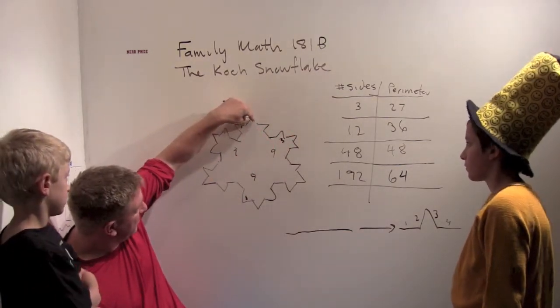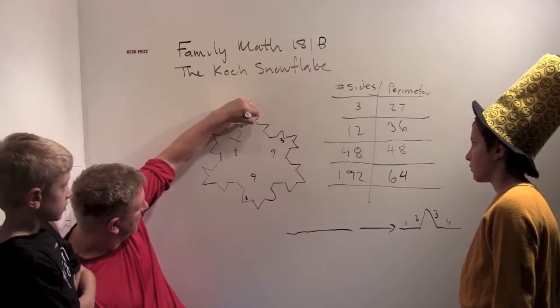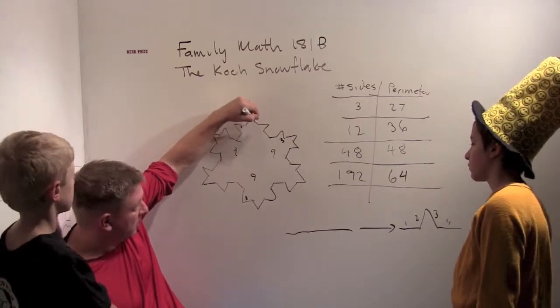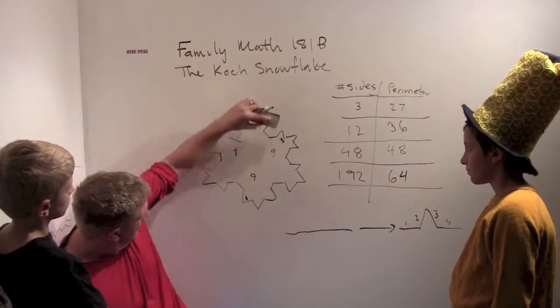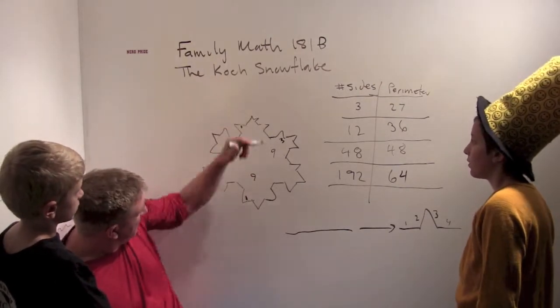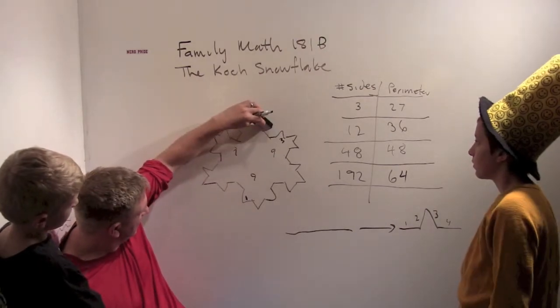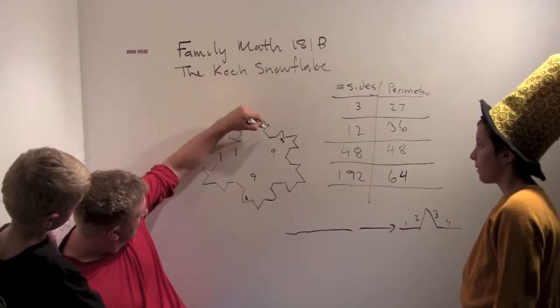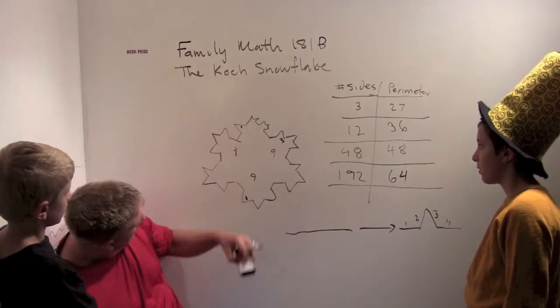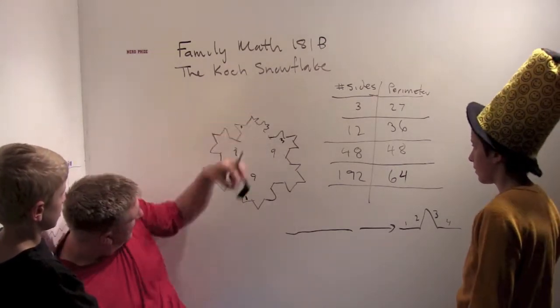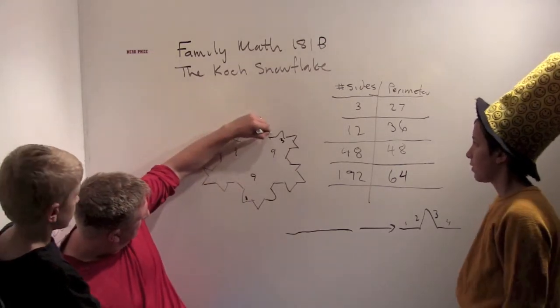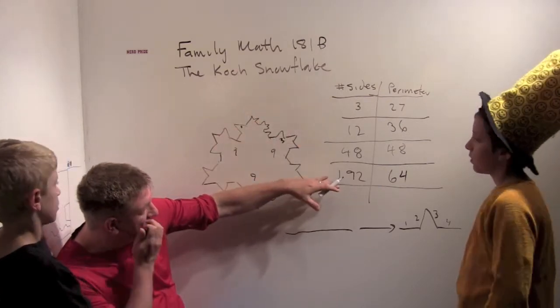So each side now has 2, and then I could put that little spike on to make 3, 4, right? Yep. So it looks like I'm still turning every one side into 4 sides.